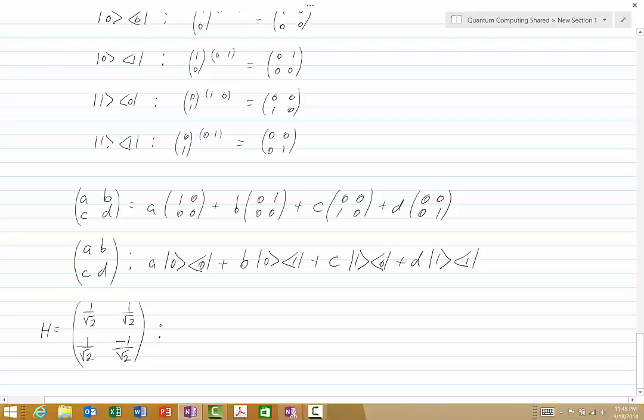Well, it will be 1 over square root of 2 |0⟩⟨0| plus 1 over square root of 2 |0⟩⟨1| plus 1 over square root of 2 |1⟩⟨0| minus 1 over square root of 2 |1⟩⟨1|.